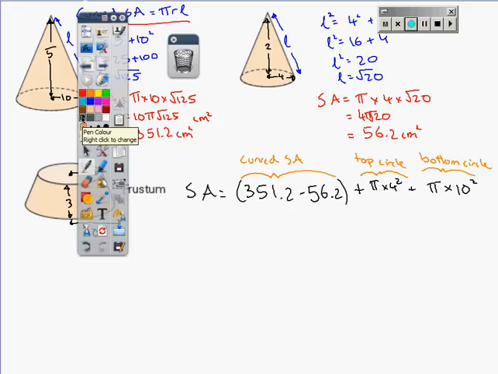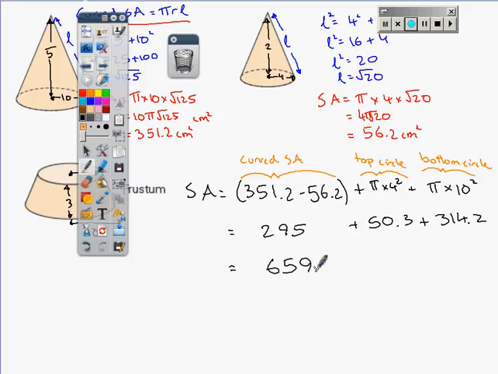Okay, if we evaluate each of those parts, we find we get 295, that's the curved surface area, plus 50.3, all these centimetres squared, plus 314.2. When we add all of those up, we find we should get 695.4 centimetres squared. So again, a lot to take in there.